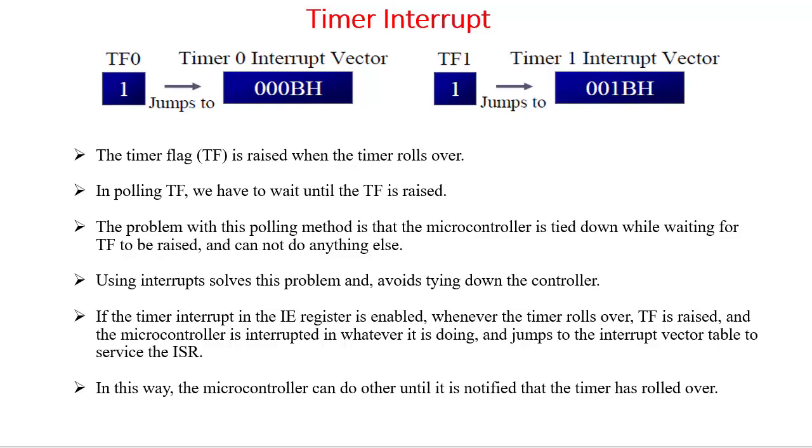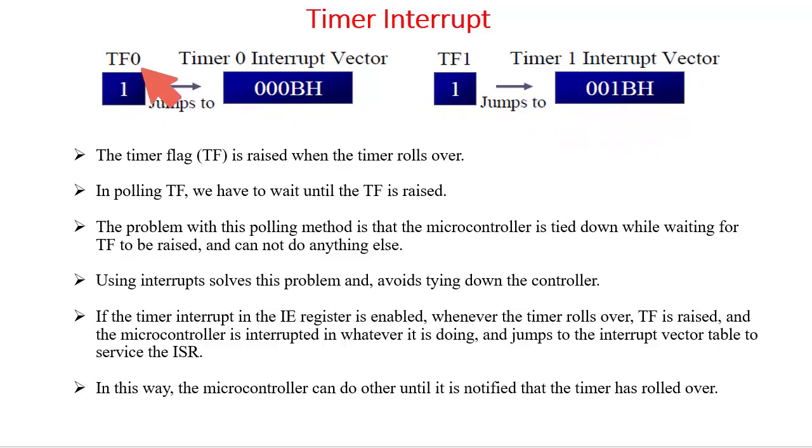Entering into the discussion of timer interrupts. In the 8051, there are two timer interrupts. One is TF0, the timer overflow flag 0 interrupt. This is TF1, the timer overflow flag 1 interrupt. The interrupt service routine memory location for TF0 is 000B and for TF1 is 001B.